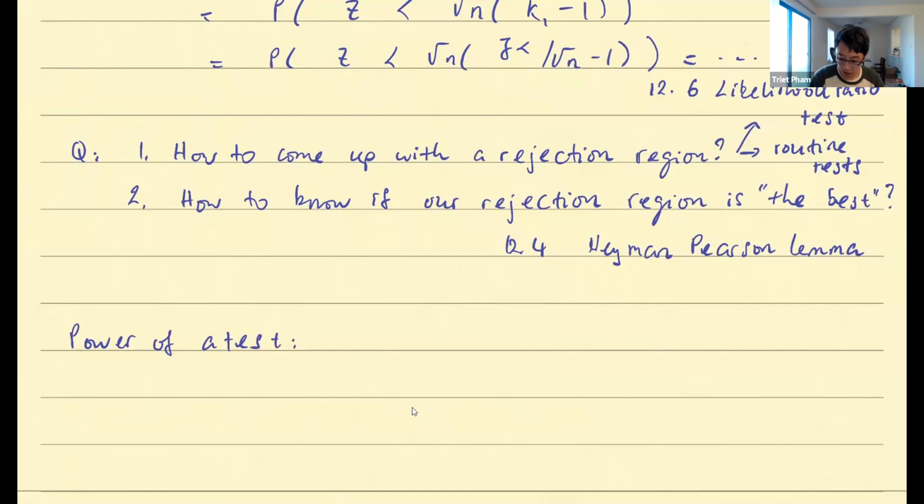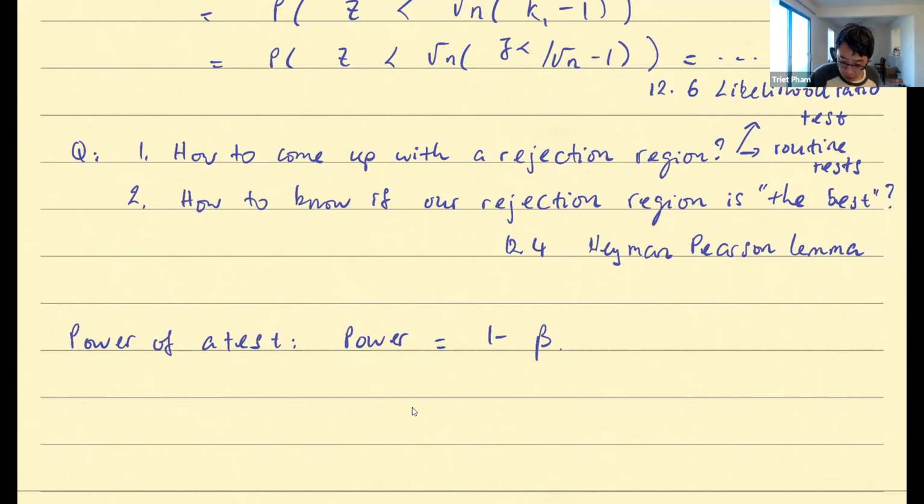And power, I don't think there's a notation for it, but power basically is 1 minus beta. I don't know why, but conventionally people just come up with this concept and discuss it. As you can see, discussing beta is exactly as discussing power.